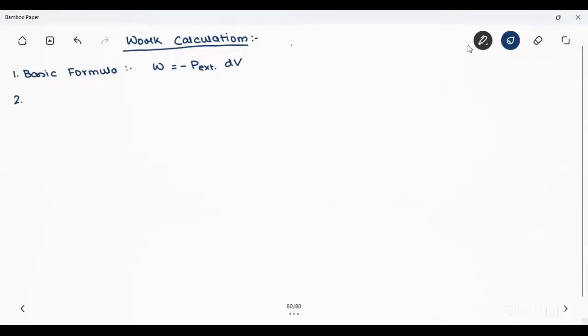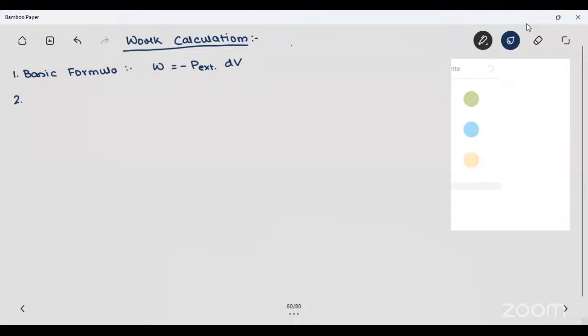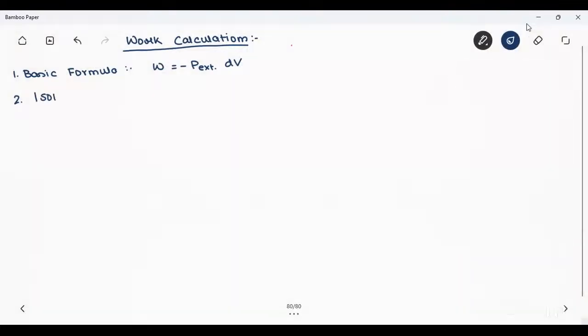Isochoric. Okay, first write isothermal. Let's go sequentially. Now, isothermal has two parts. What is the formula for irreversible?